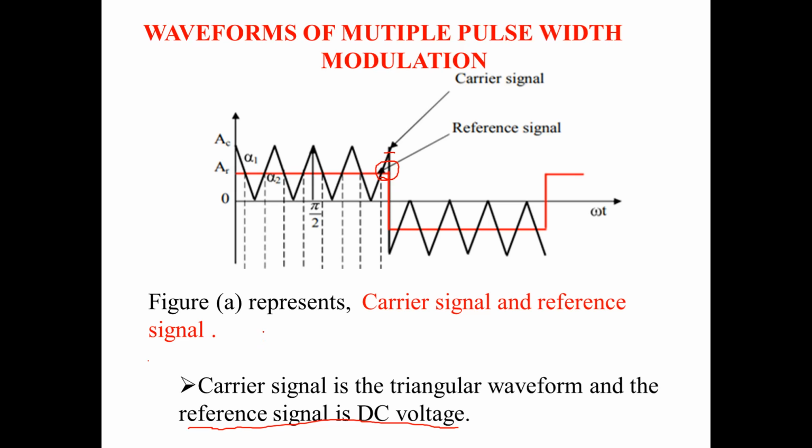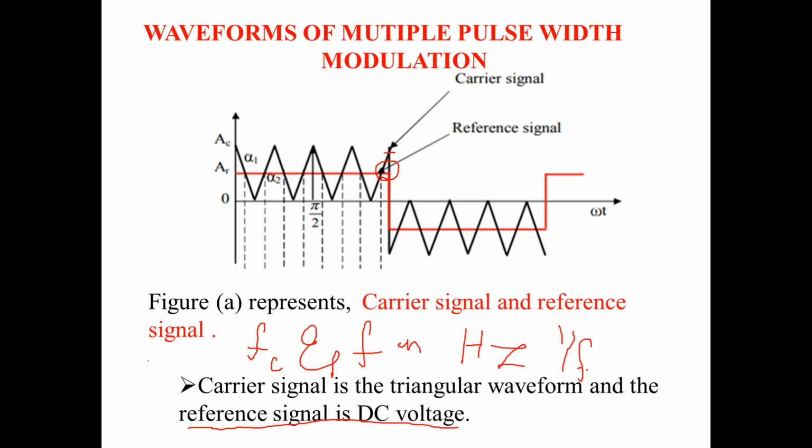The carrier frequency is represented as fc, in hertz, for the carrier signal and reference signal, and this can be calculated by 1 by fc.